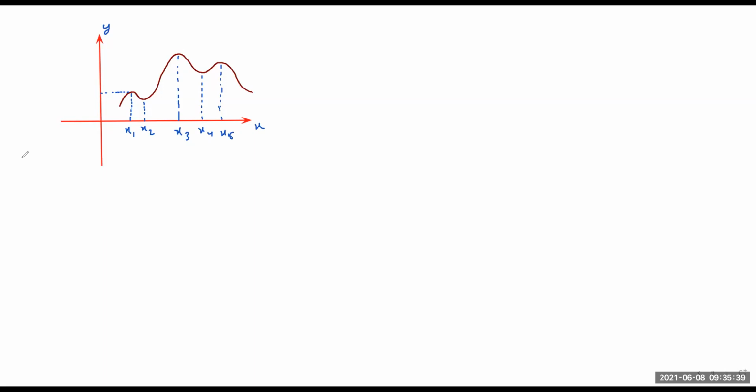Can you see the trough in the graph? x2 and x4. Right. x2 and x4 are the local minima because if you are at that point of the graph, you can see both of its neighbors, the right neighbor and the left neighbor, are above him.